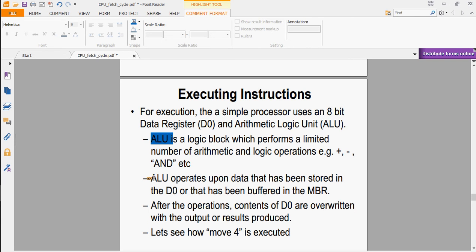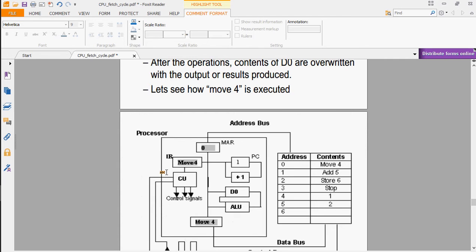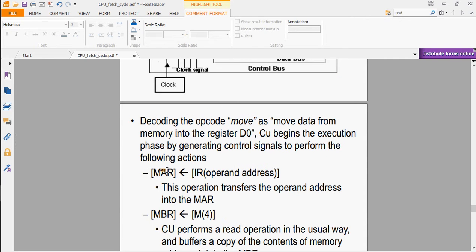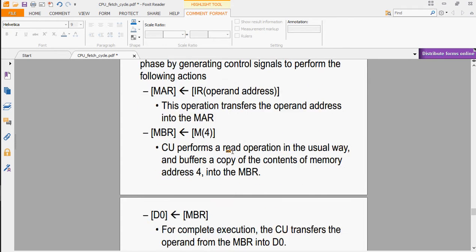Decoding the opcode: move means move data from memory into the register.